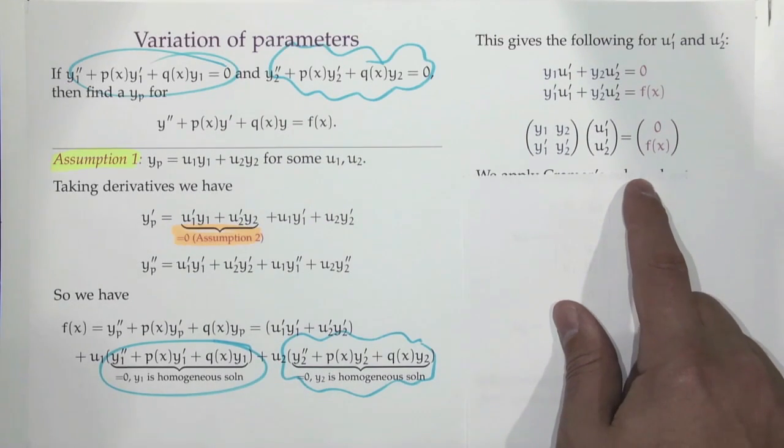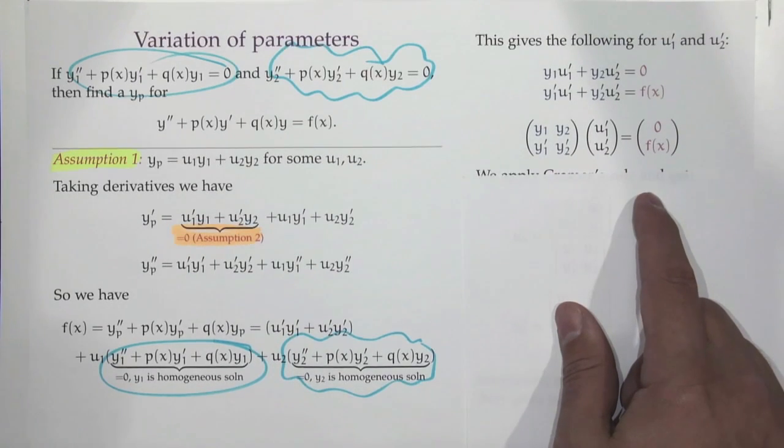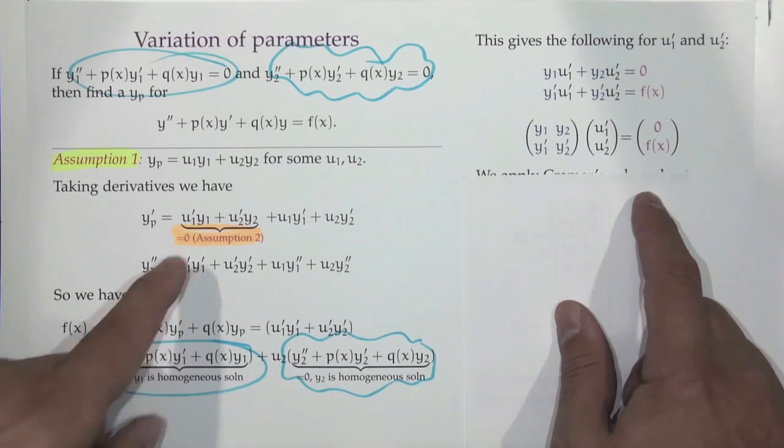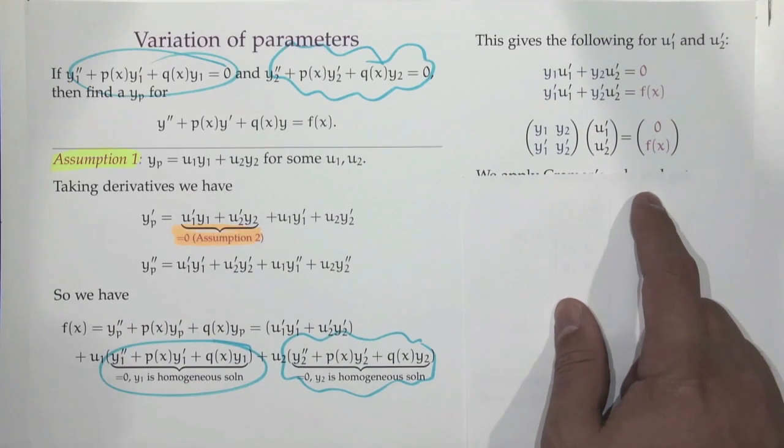There's a question, it looks like. Could you explain again why we assume that the first equation equals 0? Because we can make an assumption. And we made it here. So you're saying, why did you make that assumption? And the answer is, because it works. I know that's not very satisfying. And you're like, well, why do mathematicians do things that way?